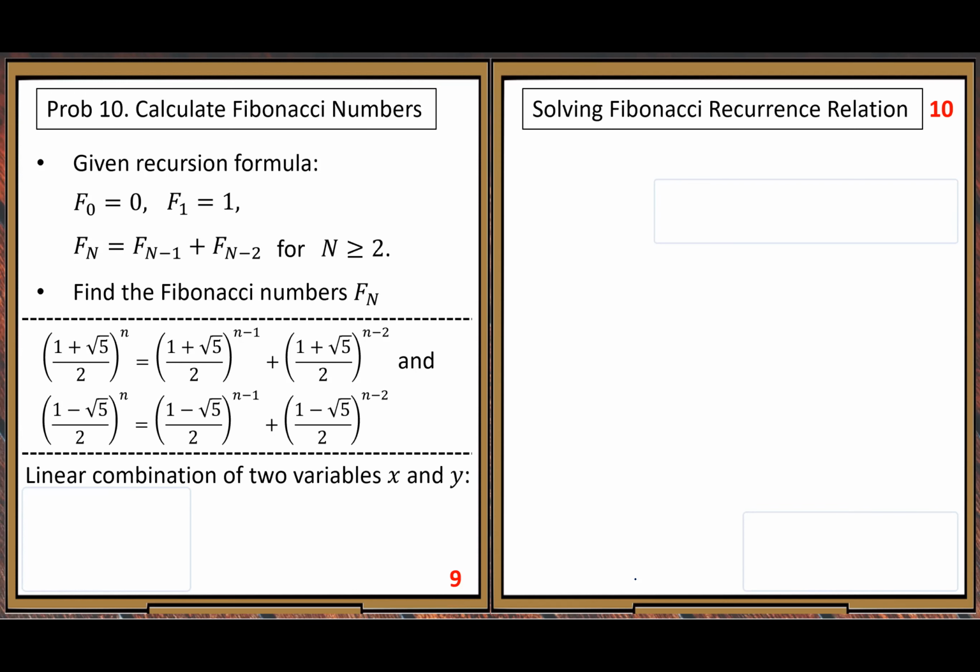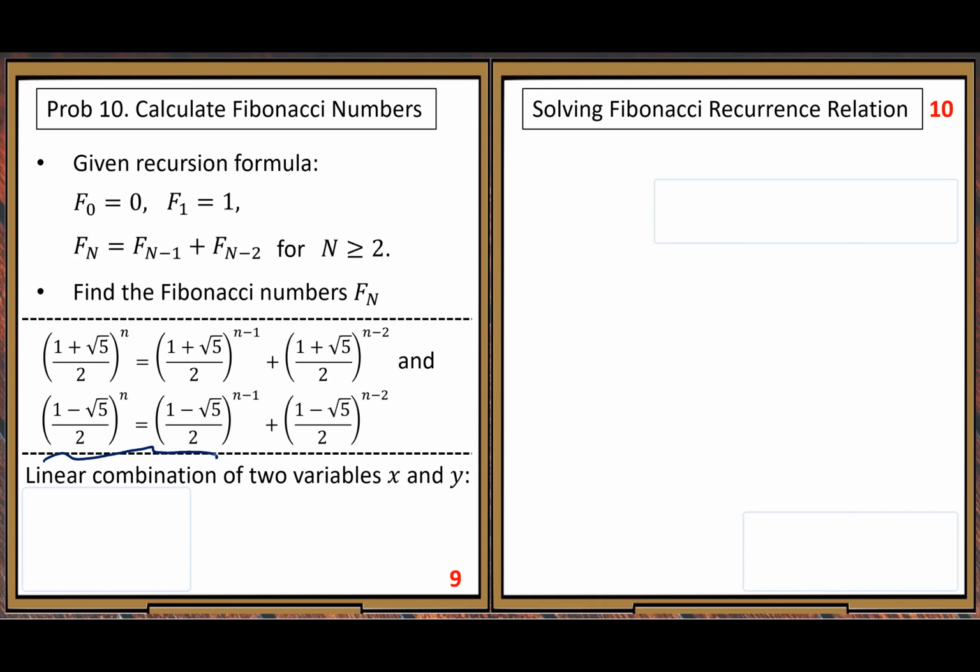The combination has a name: a linear combination. Take a linear combination of two variables, x and y. In math, we frequently do this kind of combination when we need to make a new expression from two variables x and y.